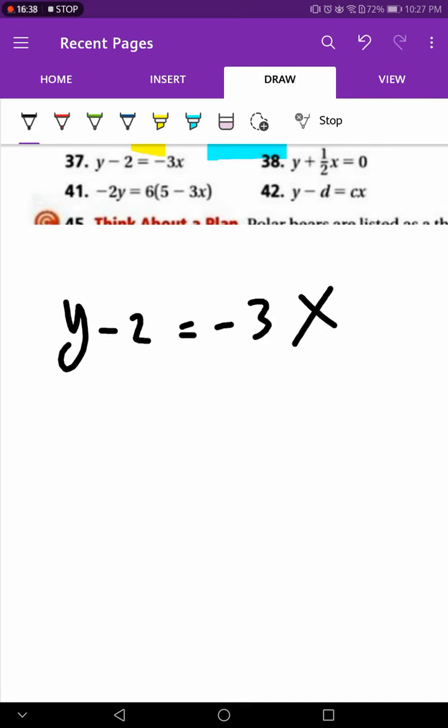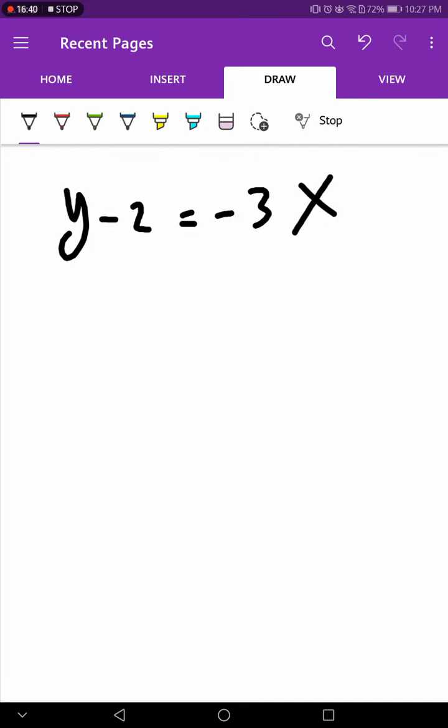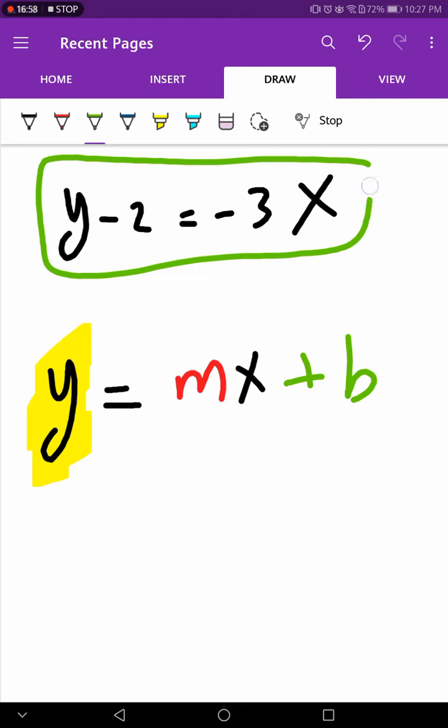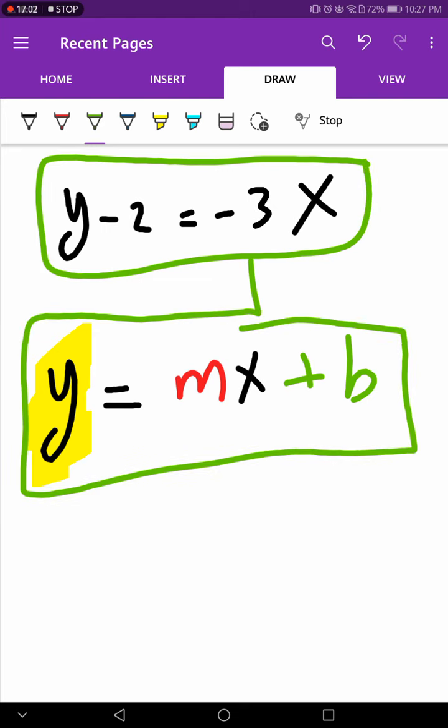What I said before, the equation for the slope-intercept form is y alone and happy, and the form is mx plus b. You have to write this in the same form as this. So your mission is to make the y alone and happy on one side.